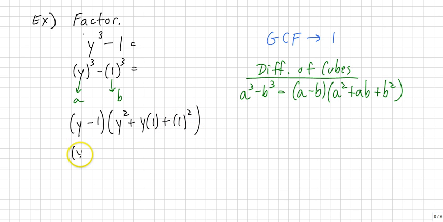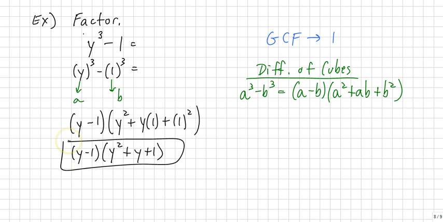And then if we clean that up, we end up with y squared plus y plus 1. And then y squared plus y plus 1, no matter how hard you try, you will not be able to write it as a perfect square trinomial. So this is not a perfect square trinomial.